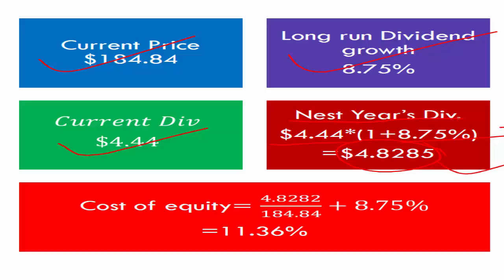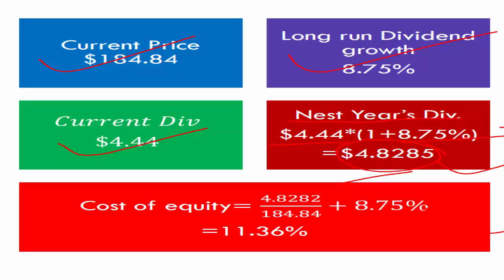And now you have all the information you need to compute the cost of equity. Now you can substitute these values in the equation as I have done here, right? The cost of equity equals the dividend that is going to be paid next year over the current stock price plus the dividend growth rate.